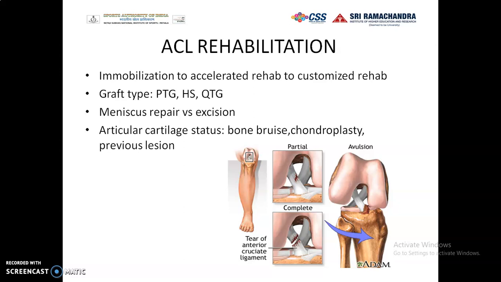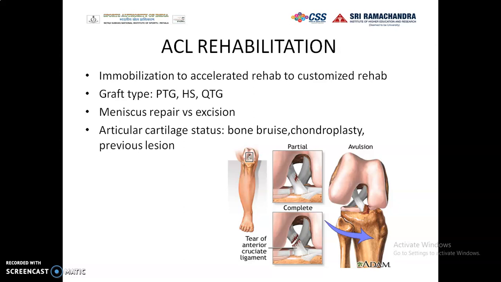So when you talk about ACL rehabilitation, anterior cruciate ligament injuries are common, and most often they are non-contact injuries, about 60%, and decelerations. The ACL injuries can happen during decelerations, twisting, or pivoting.